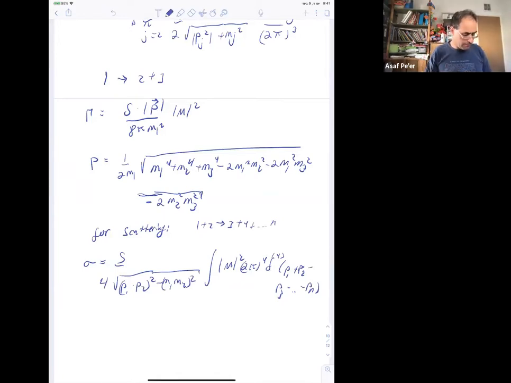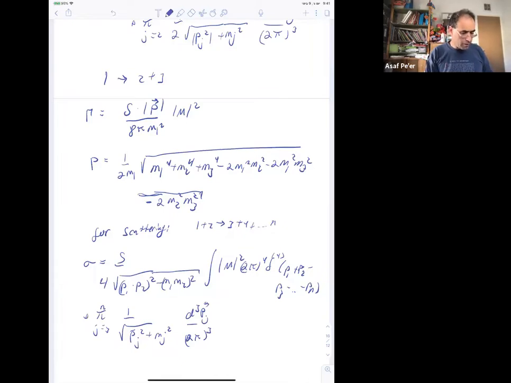That's multiplied by the product j equals 3 to n of 1 over 2 square root of pj² + mj², d³pj over (2π)³.